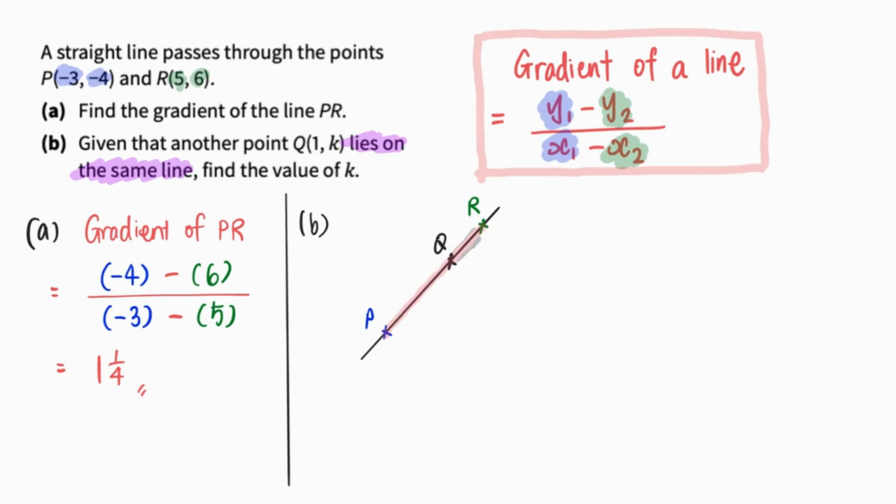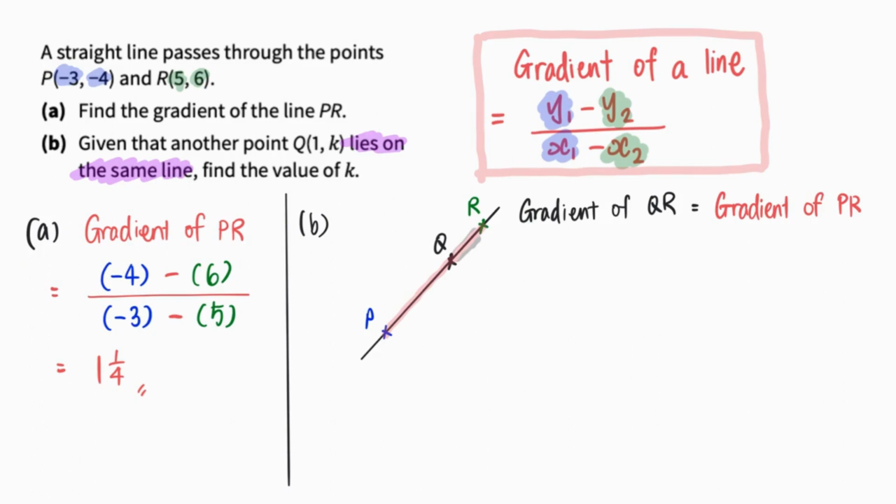And since I already know the gradient of this line, so put it in perspective, gradient of QR is equal to the gradient of the line PR, or even PQ.